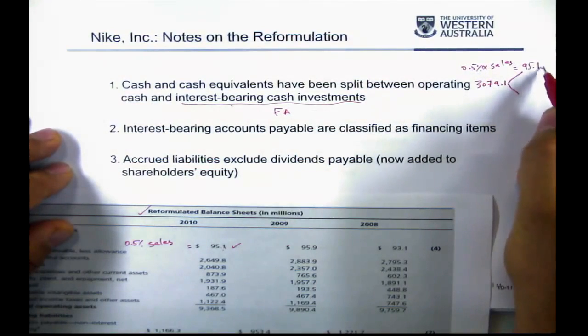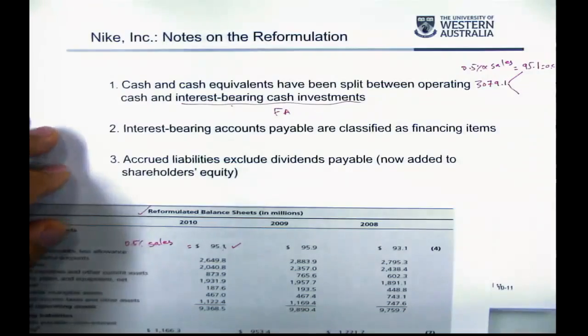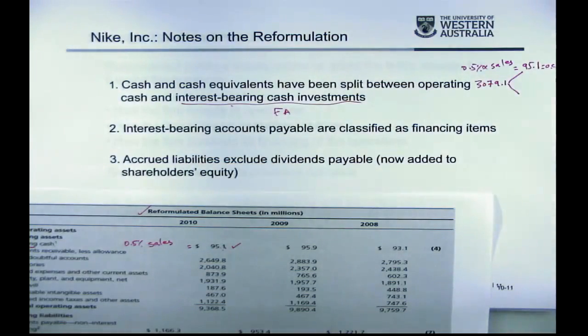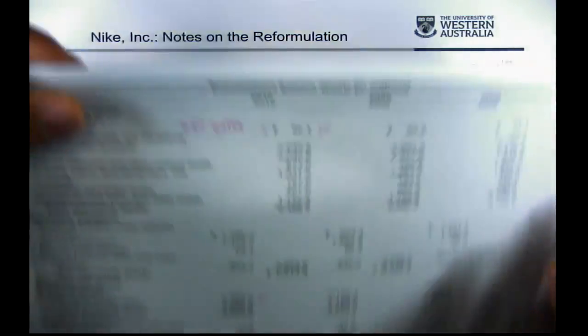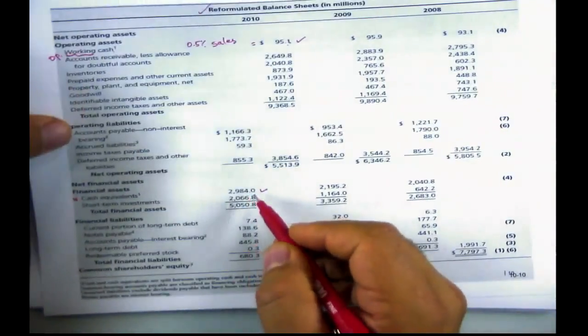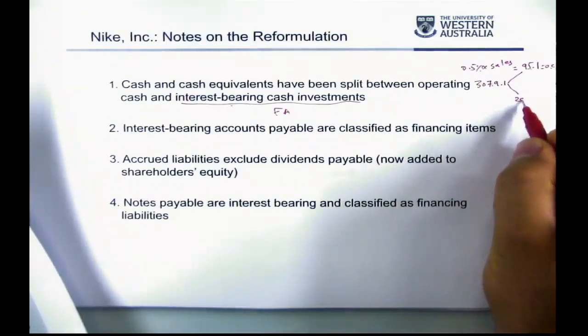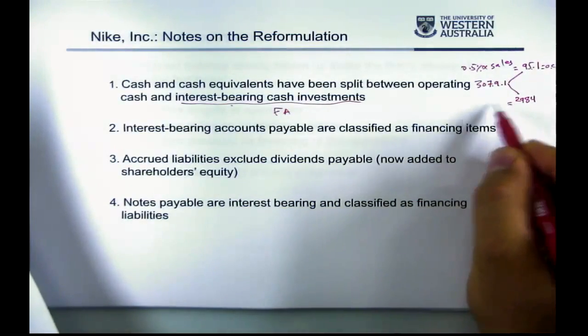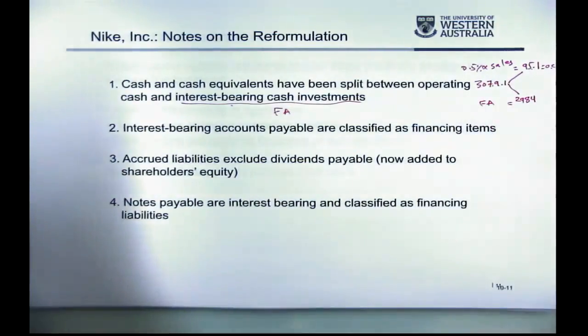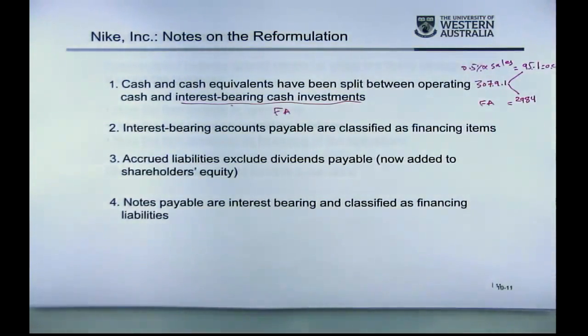This amount is the operating cash. And the remaining amount, this minus this, is equal to 2984. This one is treated as a financial asset, cash equivalent. Make sense?